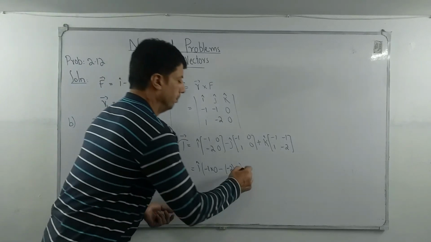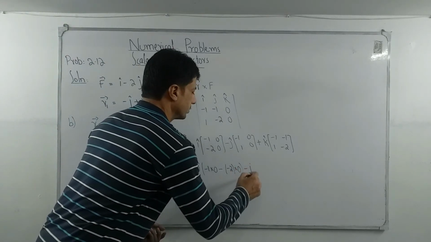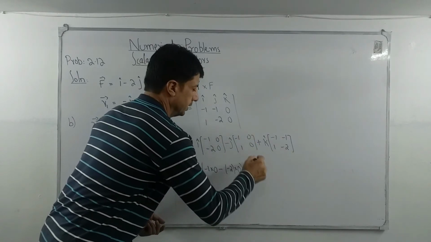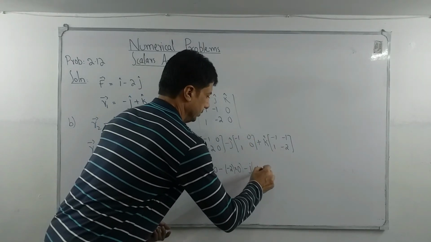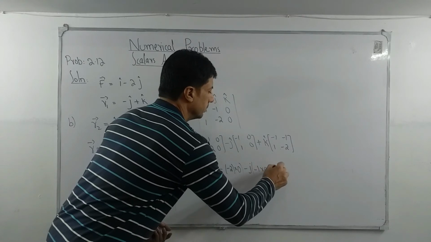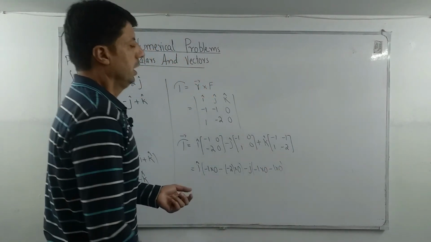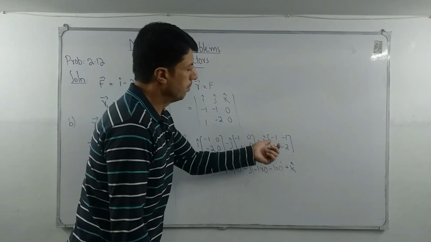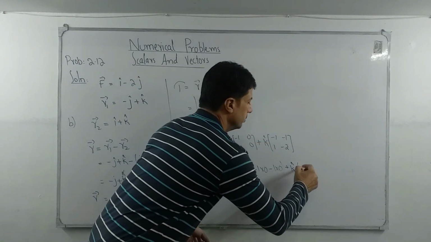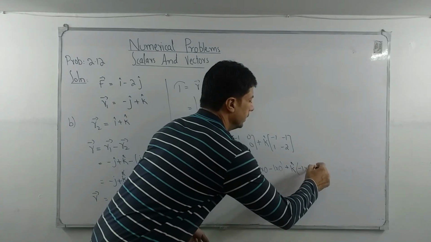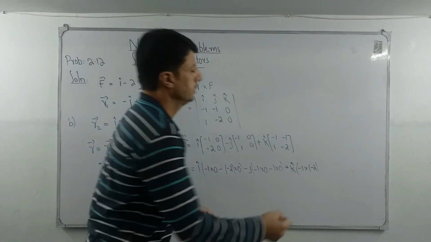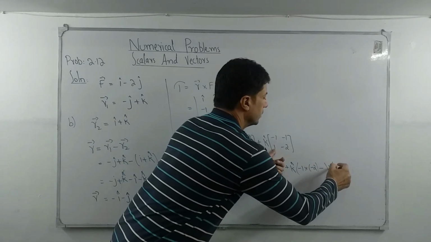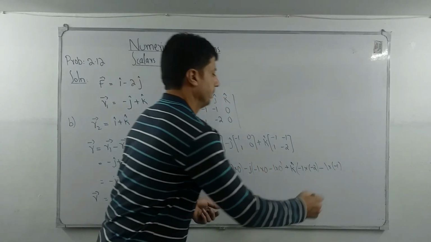Okay, then minus j, product of this diagonal minus the product of this diagonal: minus 1 multiplied by 0 minus 1 multiplied by 0. And then plus k: minus 1 multiplied by minus 2, minus 1 multiplied by minus 1, with the minus in the formula. Okay.